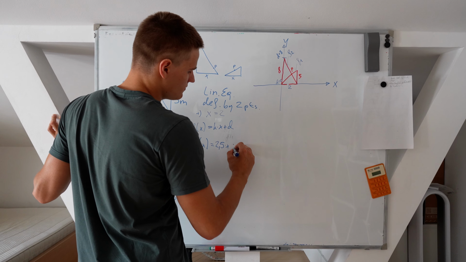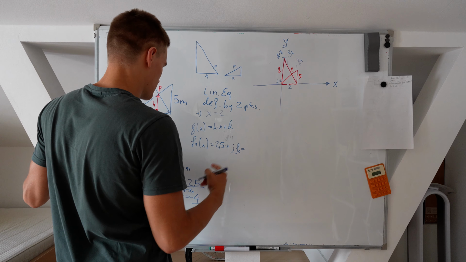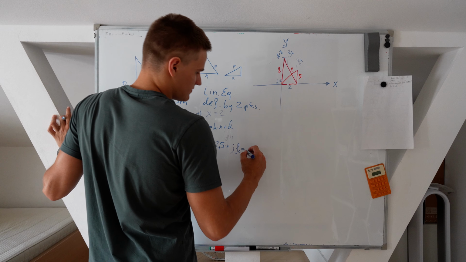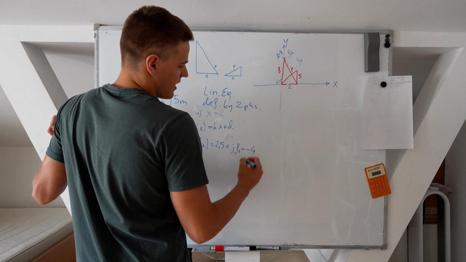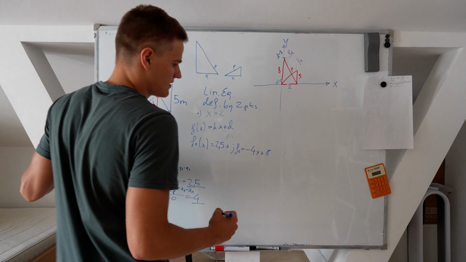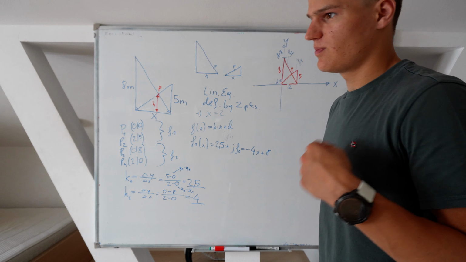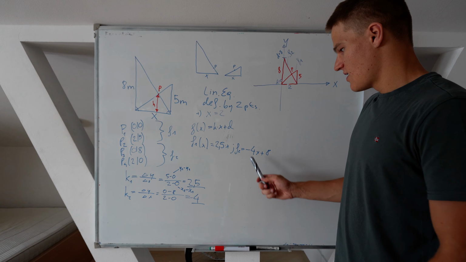Good. Next one. f2 of x is equal to, of course, -4 times x, and then plus 8.